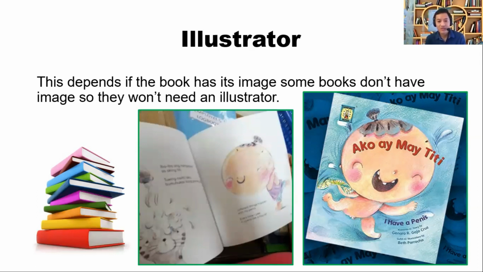For example, for preschool education, many books have an illustrator because most of the books have images. They are the one who draws the images of the book. This is what you call the illustrator of the book, especially for the storybook. We have the big books or the storybooks that I have presented to you.